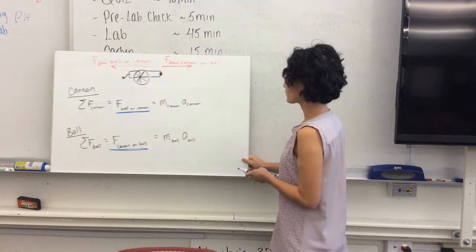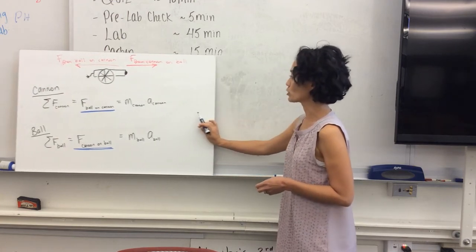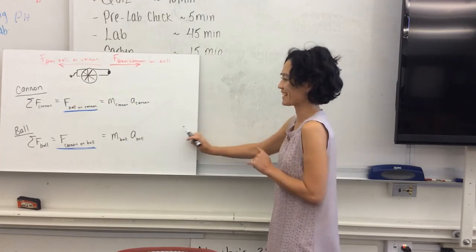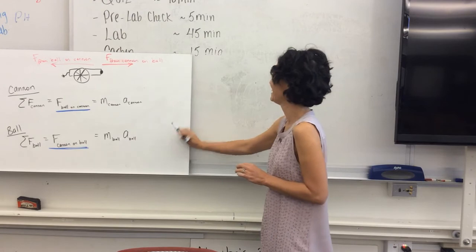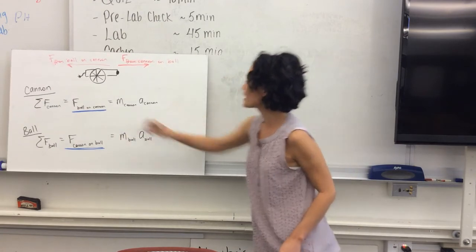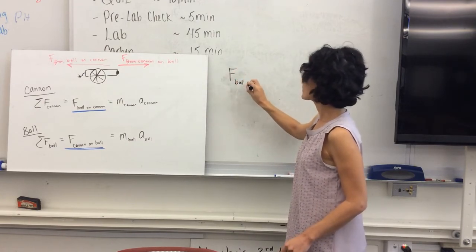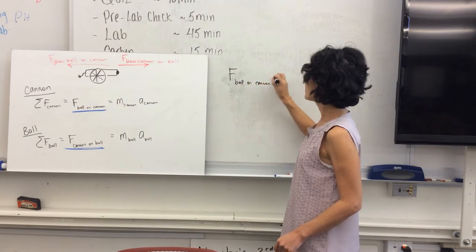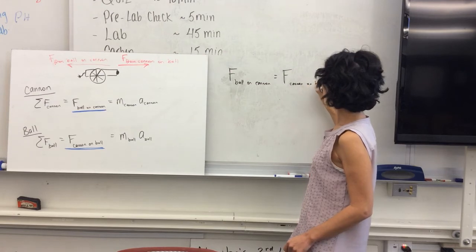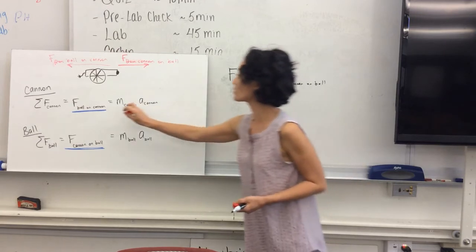So Newton's third law says that these need to be equal to each other. So the force of my ball on the cannon should be equal to the force of my cannon on the ball. So those have to be equal to each other. But remember that these are equal to other things as well.